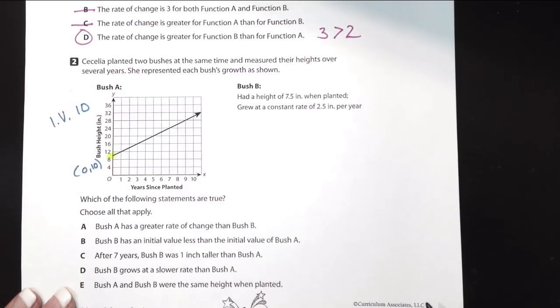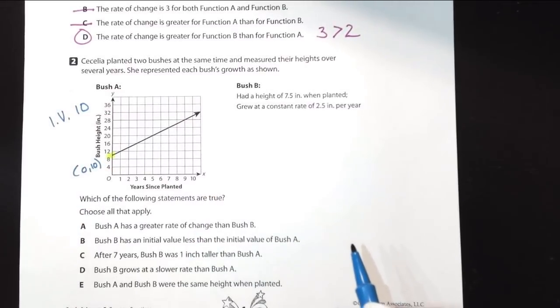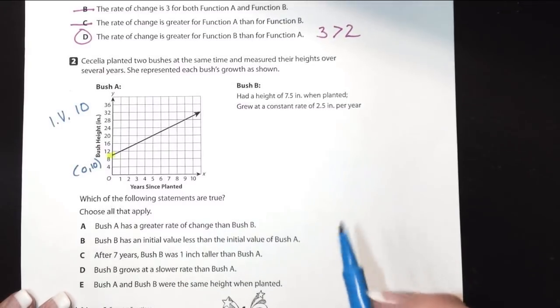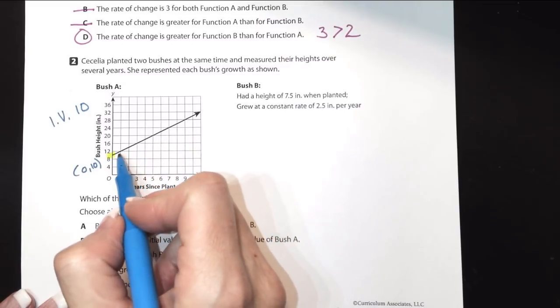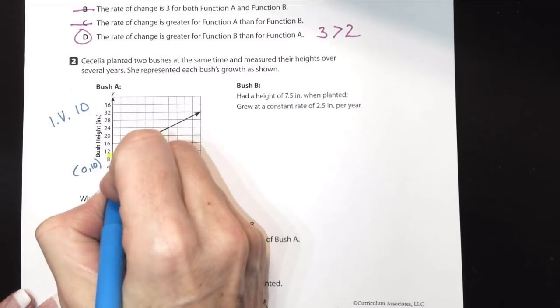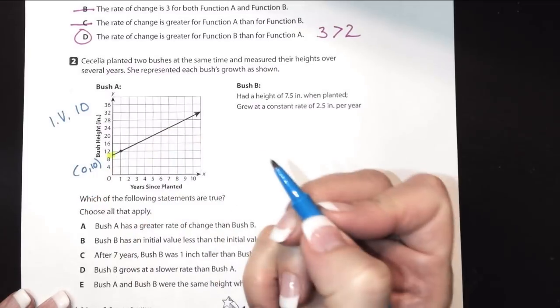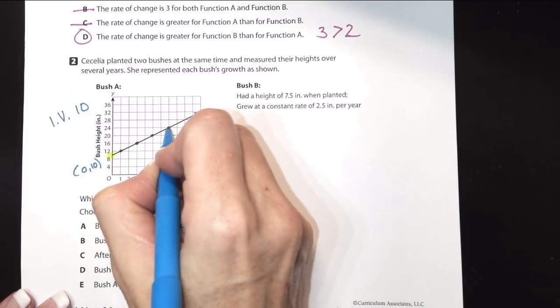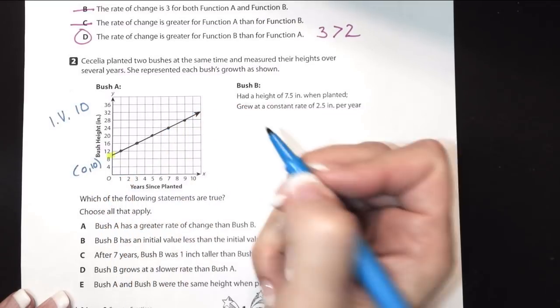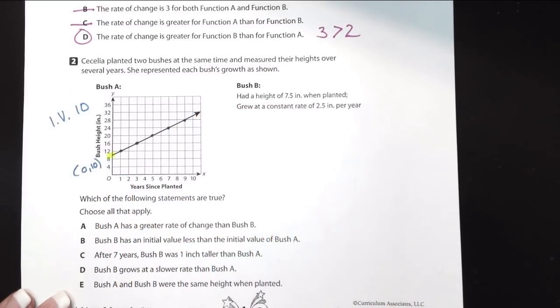And my rate of change, I'm looking for your vertical change over your horizontal change, the change in Y over the change in X. And when they don't have the points marked, you just need to mark any 2 points that are on the corner. So this would be a good spot. This would be good. Any of these points, it's right on the corners, okay?